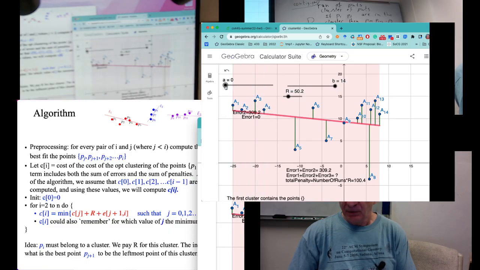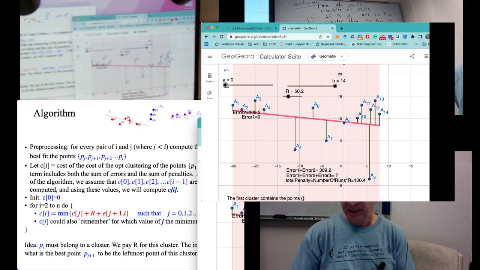Yeah, all the error here is for the second cluster. The first cluster in my j contains only the point 0, and I'm paying 0 for the first cluster, the error of 300 for this cluster.